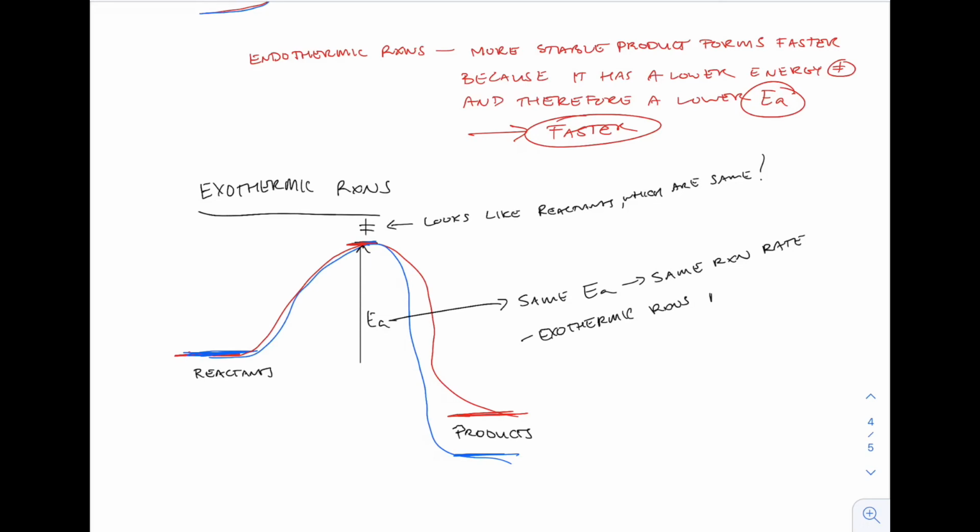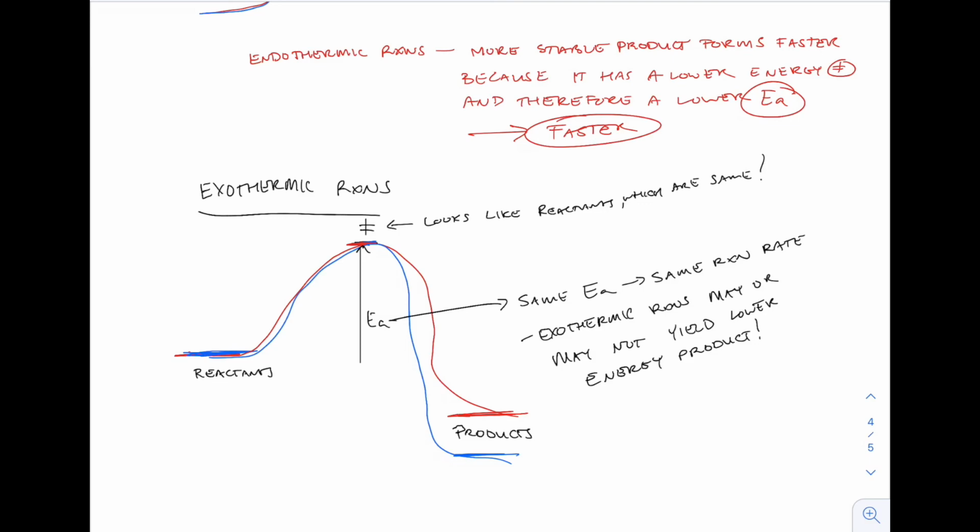Okay, and so what that means is we have the same relative reaction rate for the red product and the blue product. So for exothermic reactions, we may or may not form the lower energy product. And that's because we still have the same activation energy, because the transition state in an exothermic reaction looks like the reactants, and its energy is therefore dictated by the reactants, which in this case are the same.